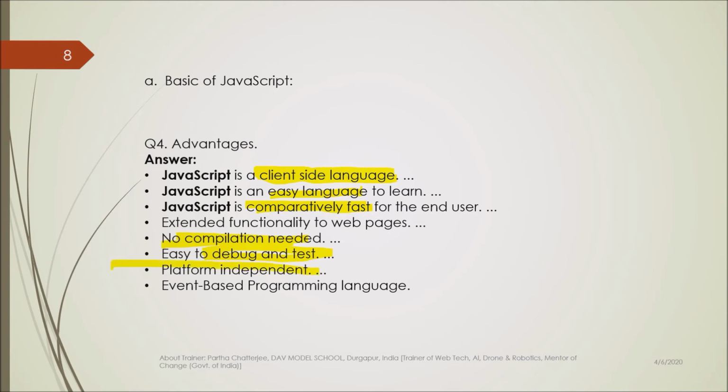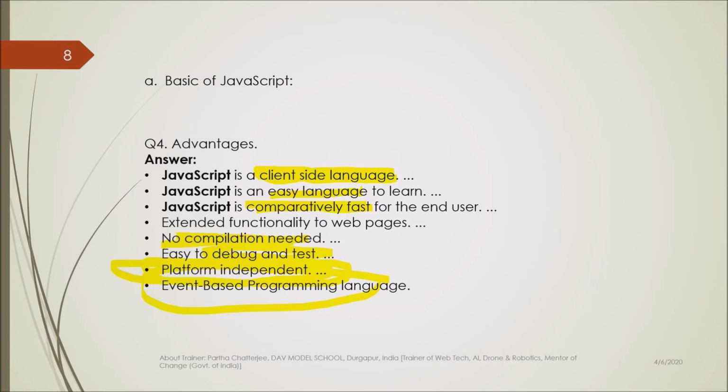And one most important part of JavaScript is that it is platform independent, and it is event based programming. Platform independence means it doesn't require any other software to run its code on your machine.